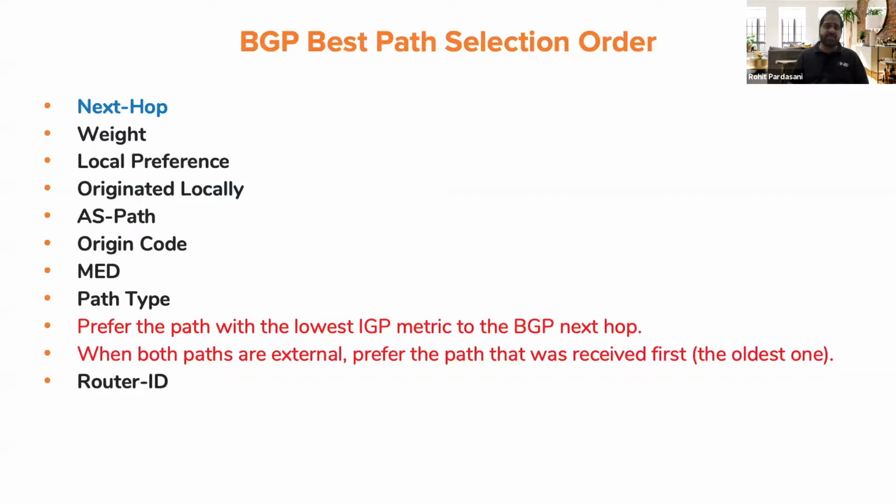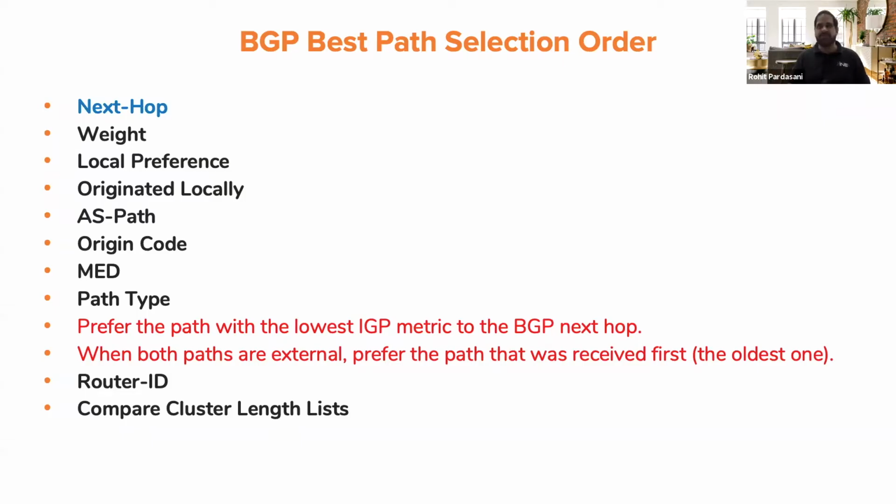If that is the same, then it compares the cluster list length. The cluster list only really comes in when you have a route reflector. If you configure route reflectors within the iBGP domain, the cluster list gets added as an attribute when the route reflector reflects the route. So it's going to compare the cluster list. Shorter, again, is better. Shorter hops of AS, shorter hops of cluster length.